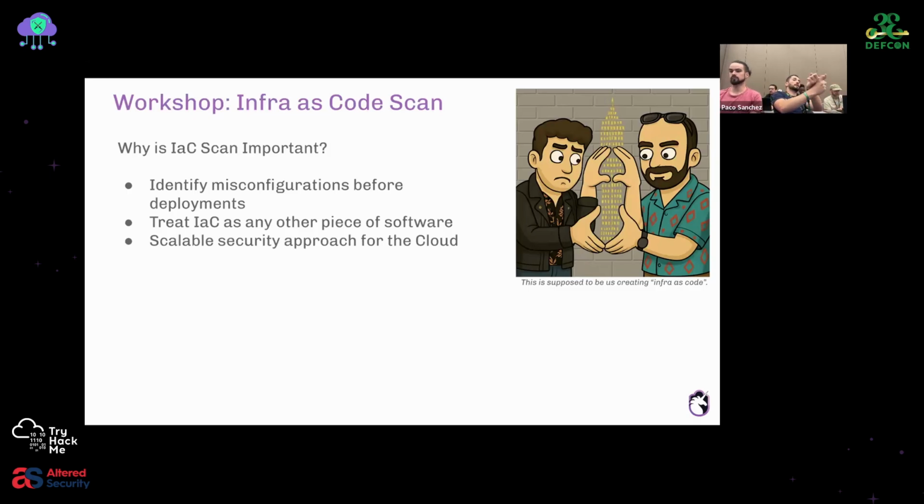So it means that your infra is going to have versioning, is going to be reviewed, is going to be tested. If we automate the infra with the same development practices, we are going to be on track. This is a scalable security approach for the cloud because the infra, as you know, evolves constantly.